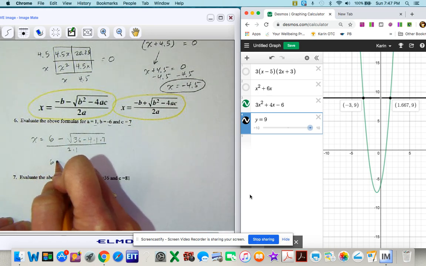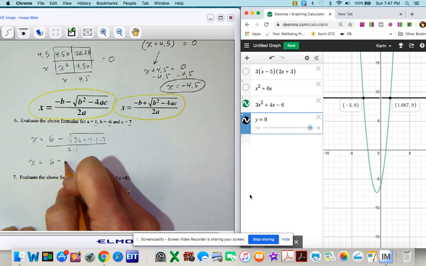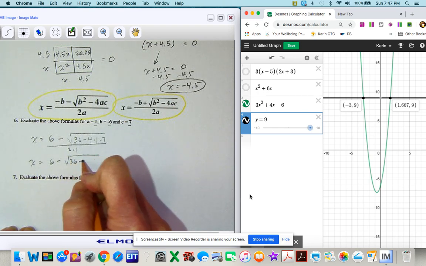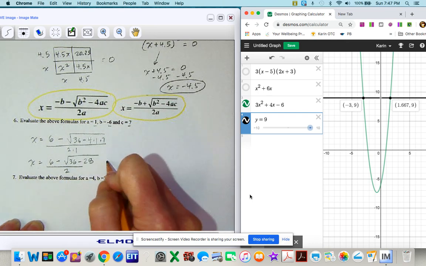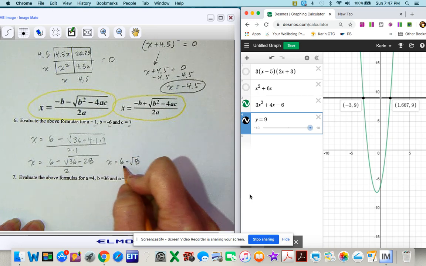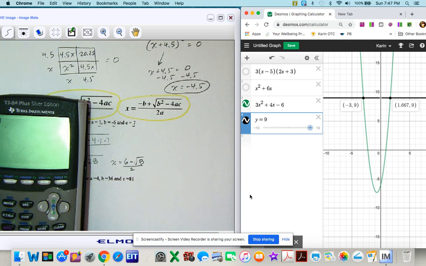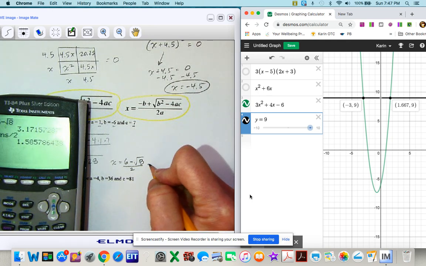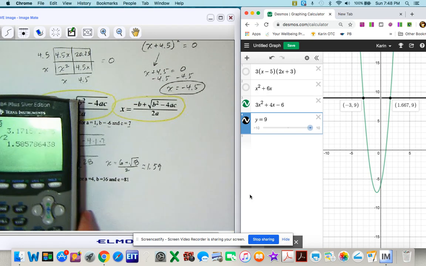Okay, so I get 6 minus the square root of 36 minus 28, divided by 2. So I get x is equal to 6 minus the square root of 8 divided by 2. Then I'm just going to see what that is. Divide that by 2, that's about 1.59 or so.